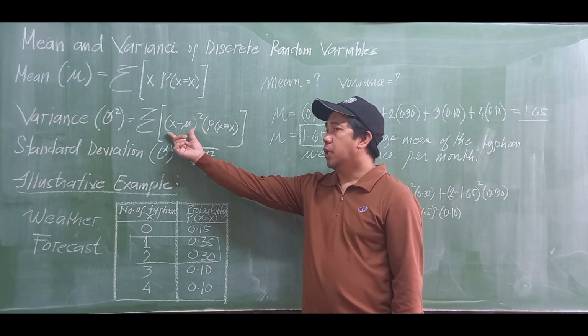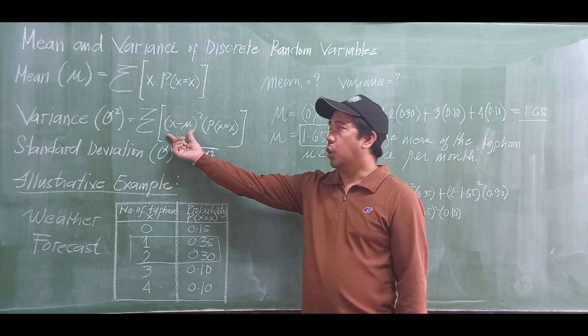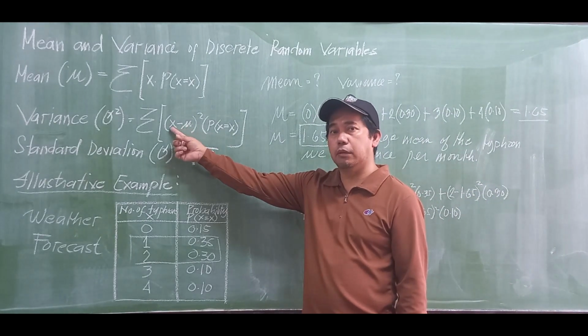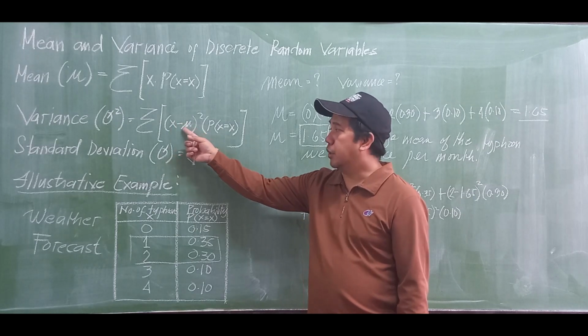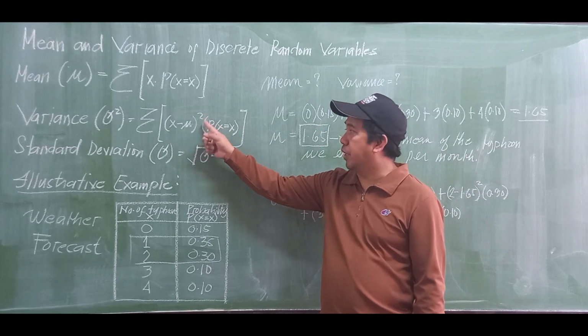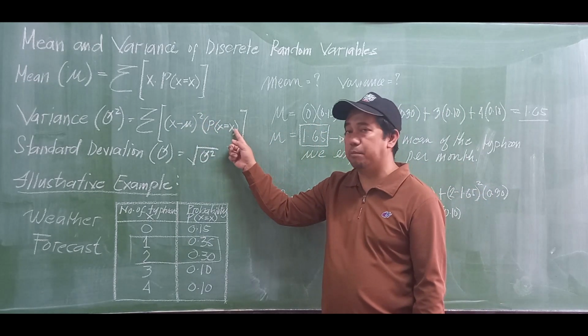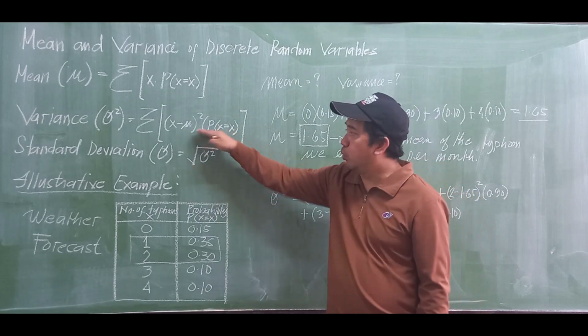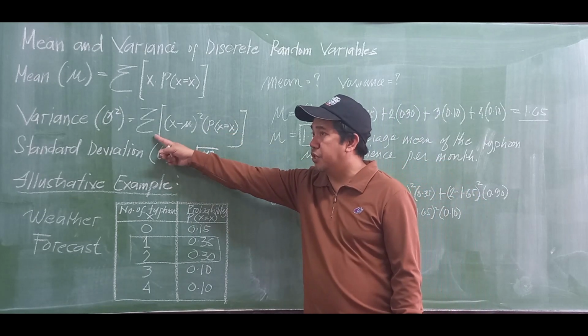So the difference of two numbers, that is the individual variable minus the computed mean raised to the second power and then multiplied by its corresponding probability. Now after that one, it says here summation.